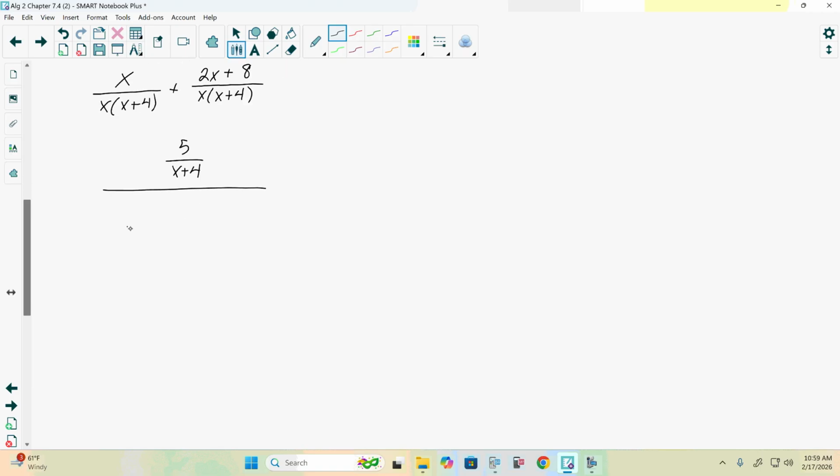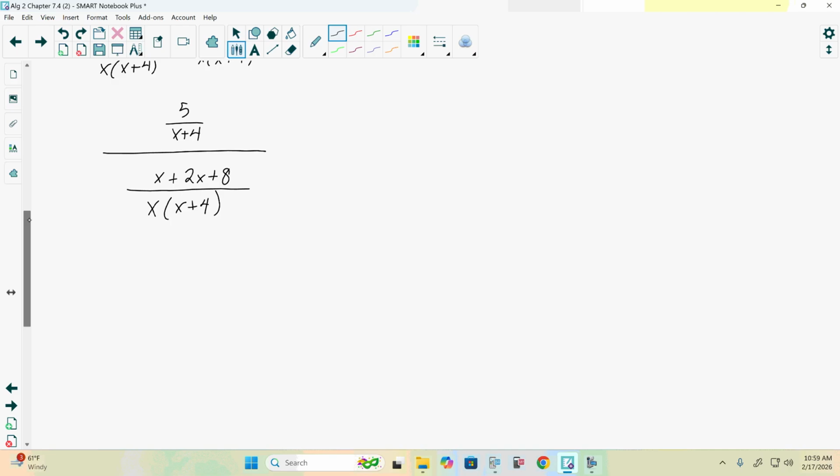Now normally we would write them with parentheses, but because there is no sign change, we're not subtracting, with or without the parentheses for this one here is not going to make a big difference.